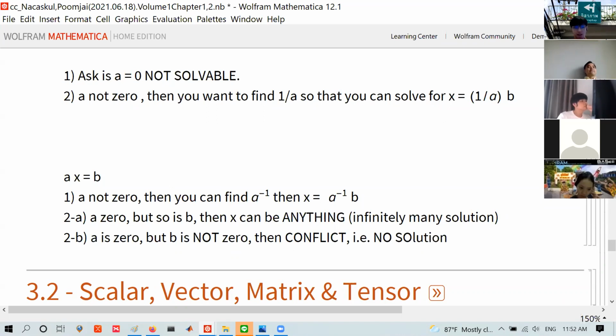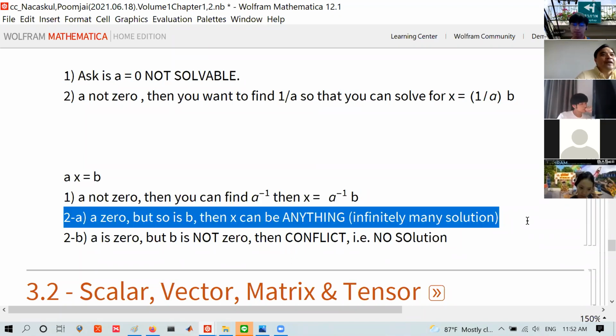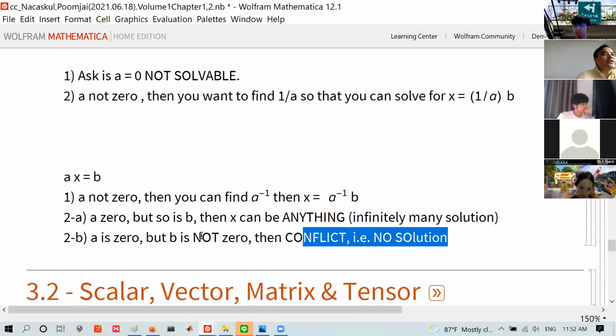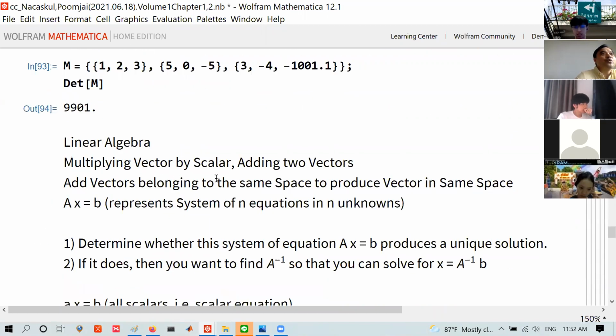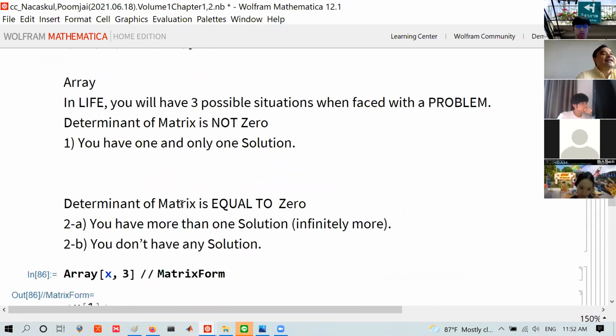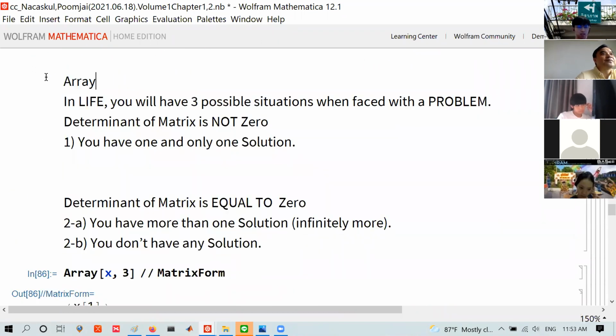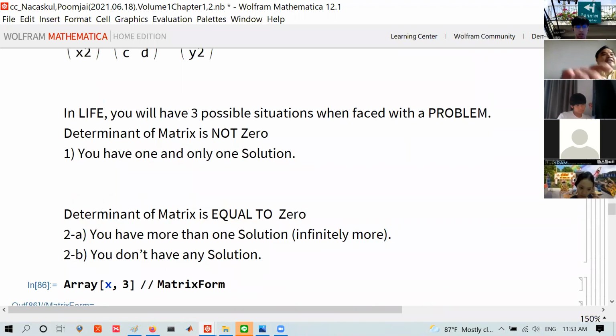Now, once again, in grade school, you always learn about the first situation. In some schools, you learn about the second situation, but in most schools, you never learn about the third. In life, you will always have these three situations. Let me tell you this.